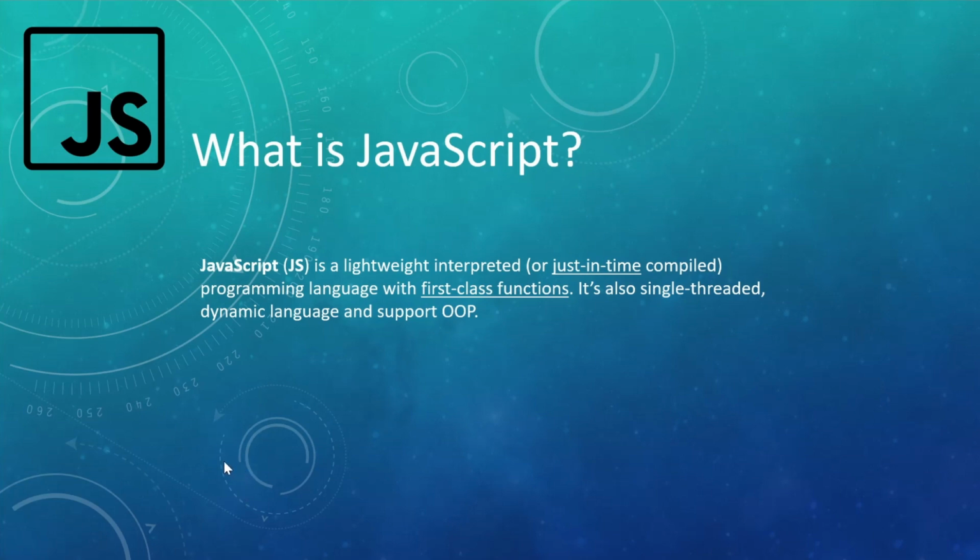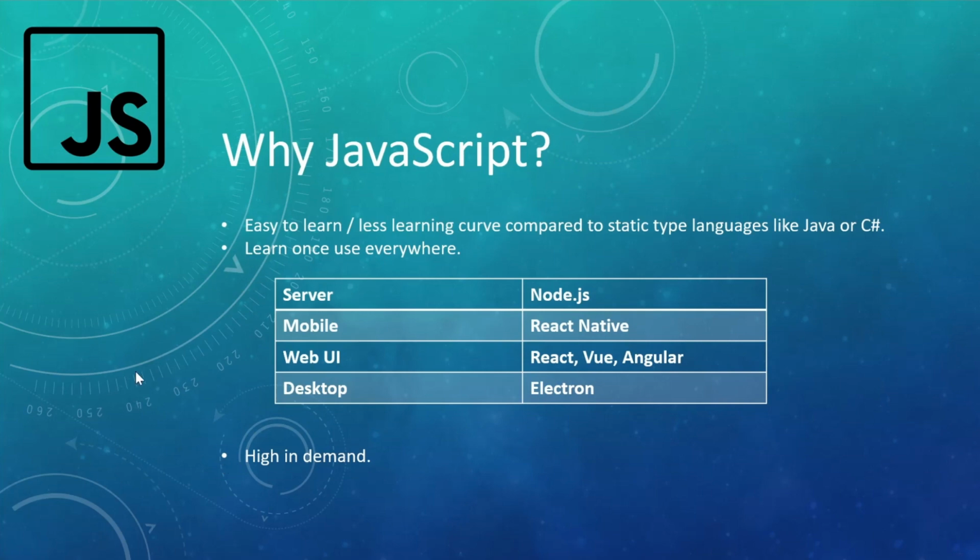Okay. So the next one is: why JavaScript? Now the first reason is that JavaScript is easy to learn. Okay, like very easy to learn. It's got a much lower learning curve, which is good for someone who has just started out and has no prior programming language experience.